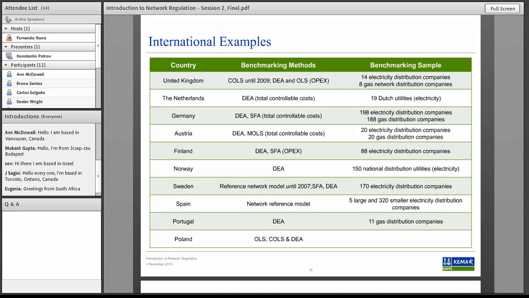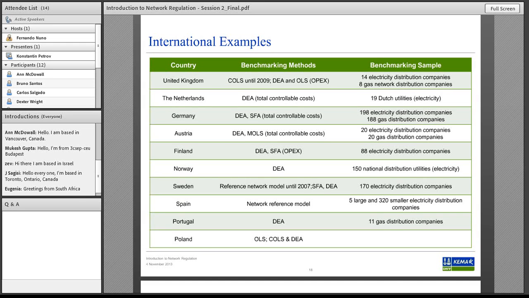Important to say also here is that several countries like Germany, Austria, Norway traditionally have tried and actually have used benchmarking not only on operational cost but also on the total cost. In this case, they incorporated the capital cost in the model. So it means depreciation and return as a result of capital expenditures in regulatory terms have been incorporated in the models.